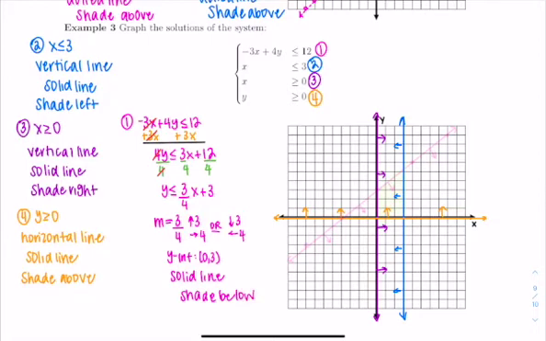And so let's go ahead and plot this last line here. We have our y-intercept at (0, 3), and our slope is 3 over 4.